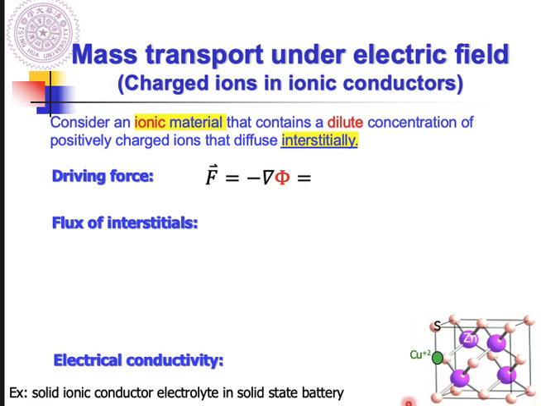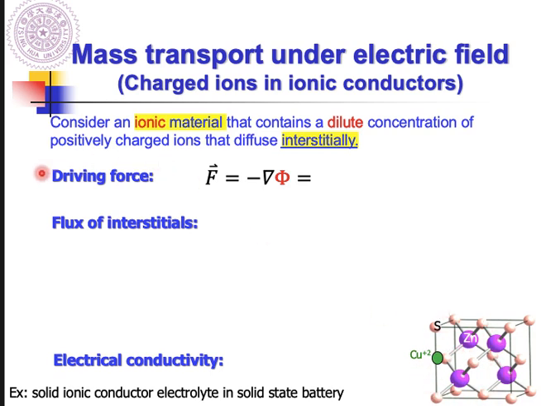As long as I apply the electrical field, what will happen? This copper ion is going to move due to the electrical field, right? And it is a positive charge, so it will move toward the cathode side. Okay, so now you have some idea about the material system we're dealing with.